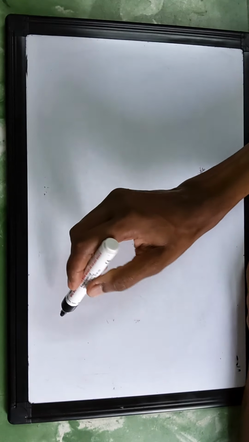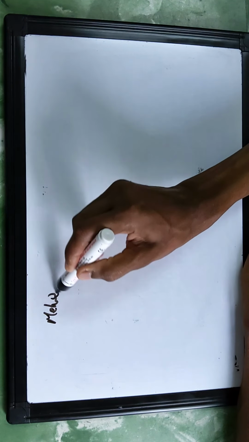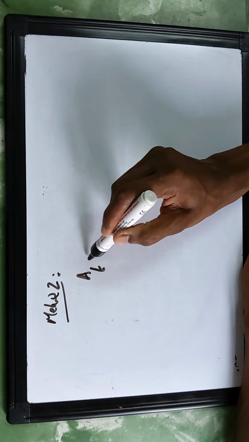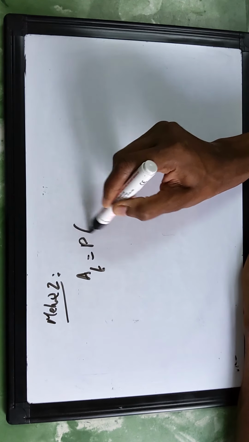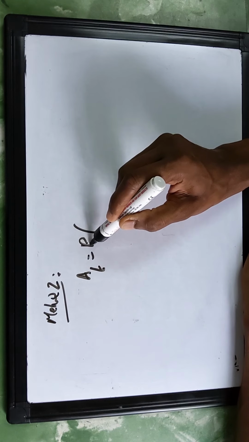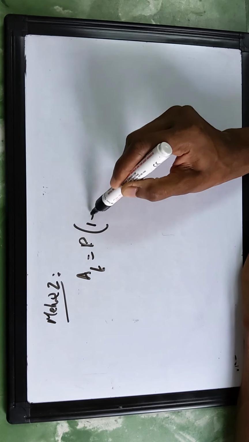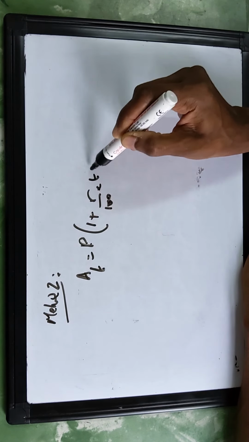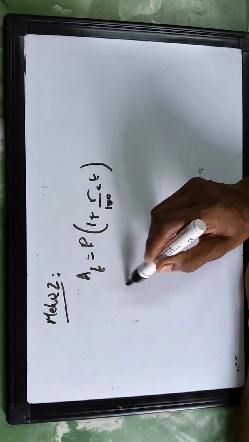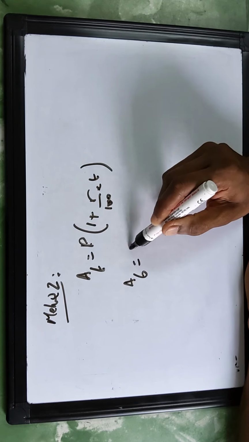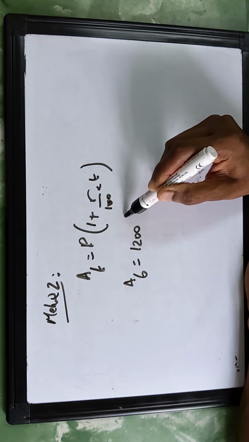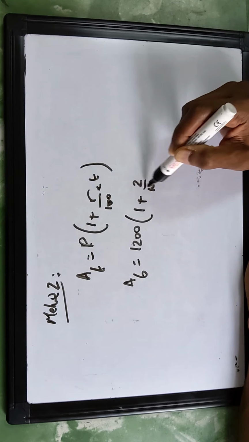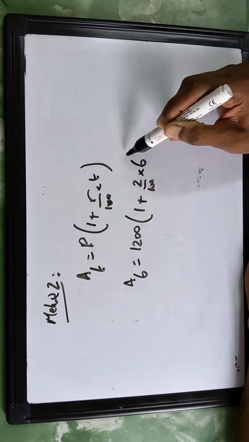Method 2, we use a formula. So the amount after time t is the principal, the amount invested at time t equal to 0, times 1 plus r per 100, the rate of interest, times t, the time in years. So the amount after 6 years will be the principal, $1,200, times 1 plus 2 upon 100, that's the simple rate of interest, 2%, times 6 years.